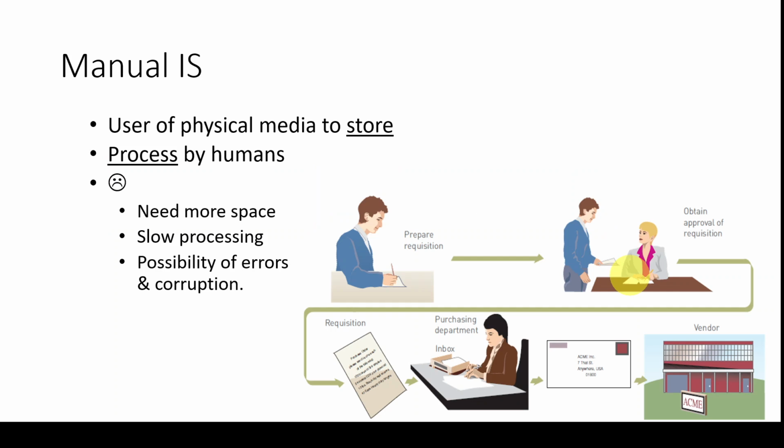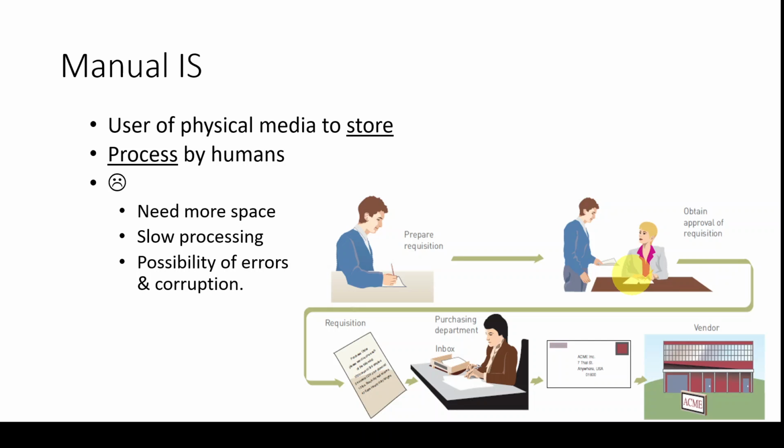Let's look at the manual information systems first. In manual information systems, we used to store our data in physical media like papers, files, and physical folders, and we also used humans to process it. The human brain was used to process those things.